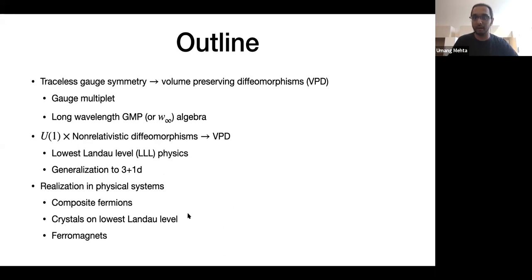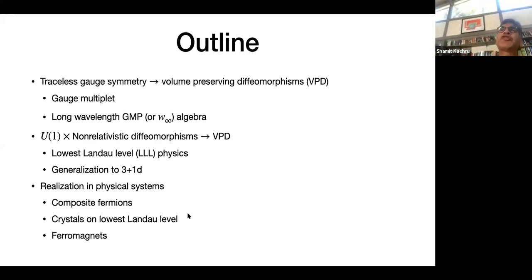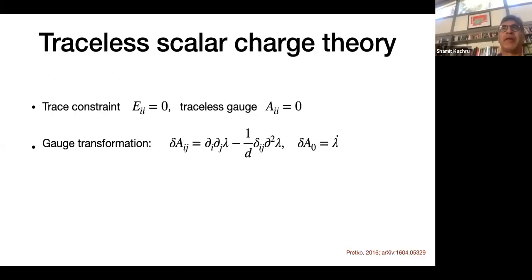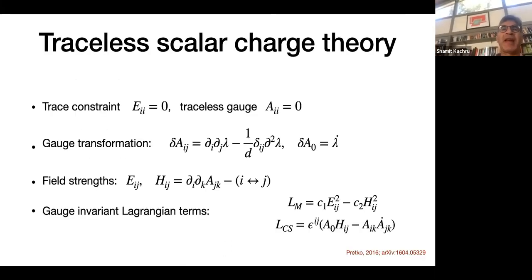Both of these are, oh, I'm sorry, was there a question? I had a naive question. If we go back to your action, there's one analogy to the relativistic theory, which is your analog of the Yang-Mills term seems irrelevant if the Chern-Simons terms are present, right? It has scaling dimension. Is there any reason we have to talk about it if you're going to go to the long wavelength limit?